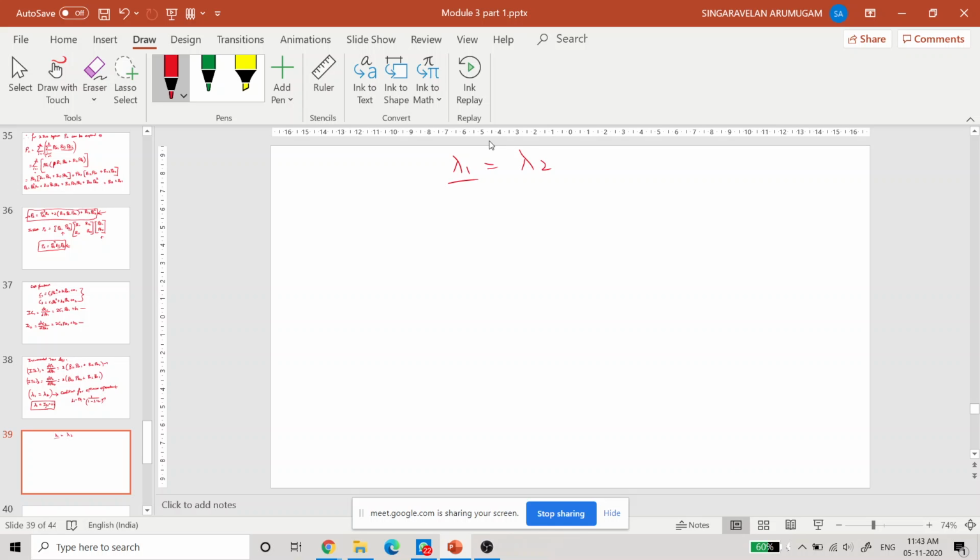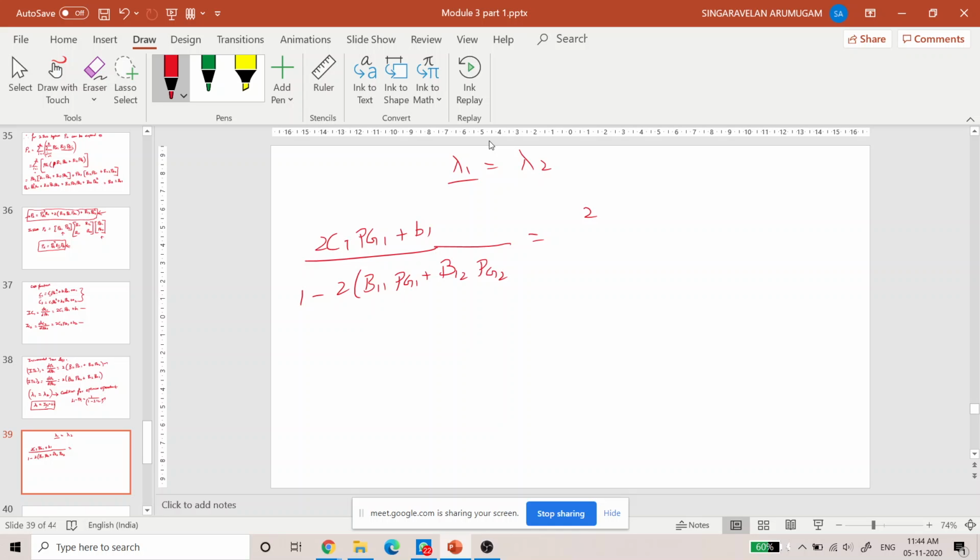So for lambda 1 we know the formula. Just by applying the formula I will get (2C1 PG1 plus B1) whole divided by (1 minus 2 B11 PG1 plus B12 PG2). So this is for lambda 1 equal to lambda 2.